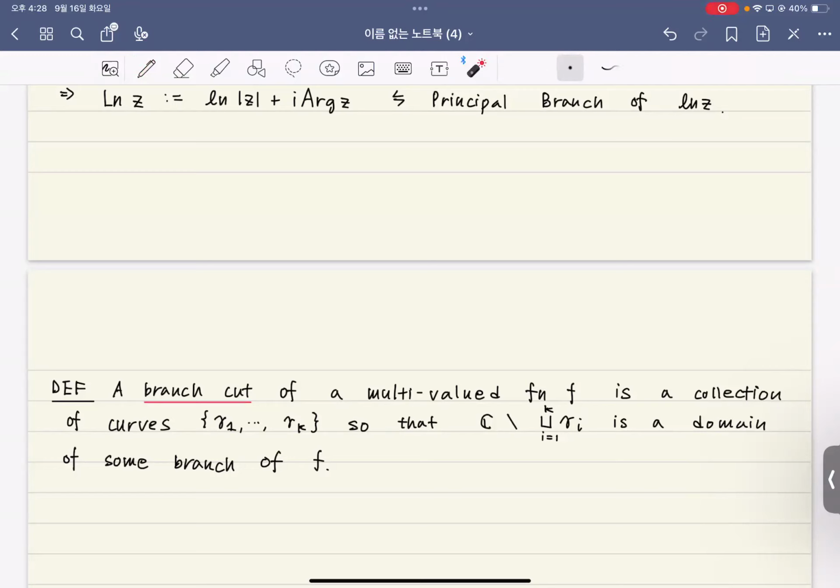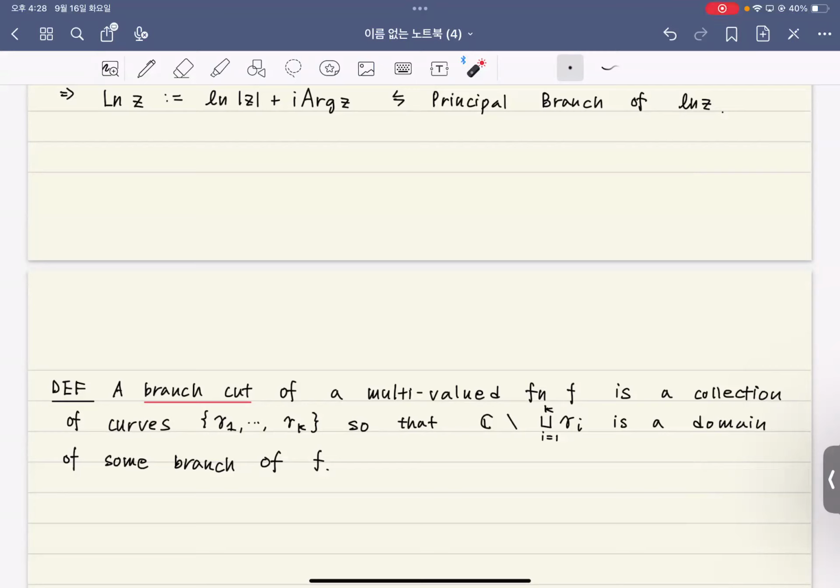The interesting thing is, for the principal branch of the natural log, the entire complex plane minus this curve, which I guess you can easily see, is the domain of the so-called principal branch of the log function.